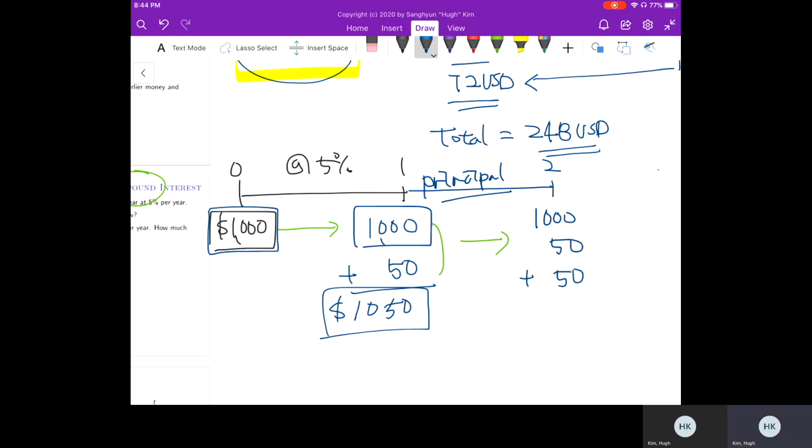So you earn $50. So in total, 2 years later, you're going to have $1,100 using simple interest.